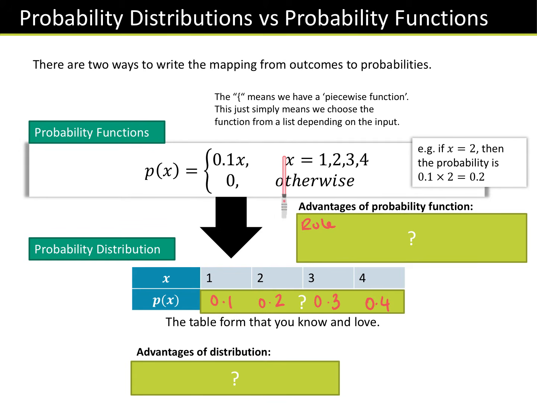Here, we can say x belongs to a certain set of numbers. Whereas the advantage of the distribution is that we can see every single outcome. The probability of every outcome is shown.